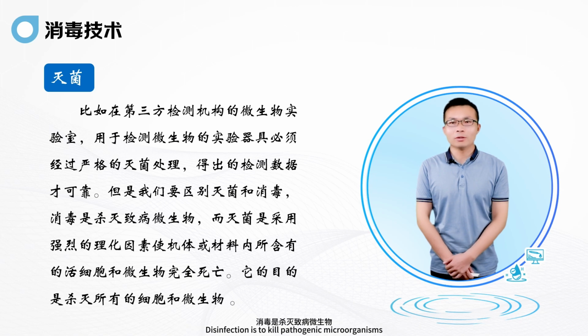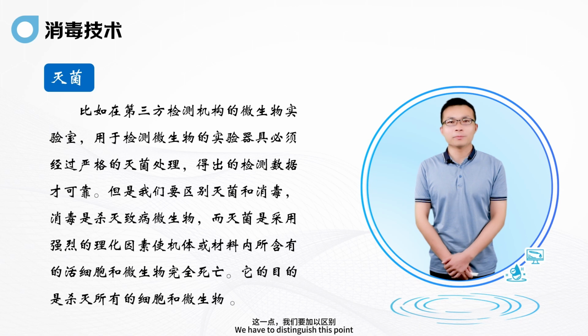Disinfection is to kill pathogenic microorganisms. Sterilization uses strong physical and chemical factors to make organisms, or the living cells and microorganisms contained in the material, die completely. Its purpose is to kill all cells and microorganisms. We have to distinguish this point.